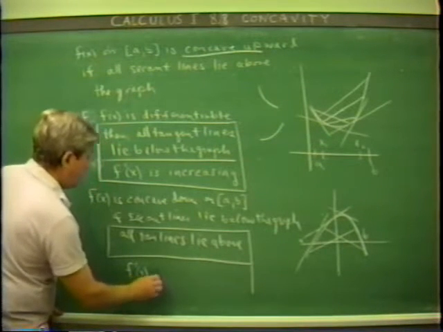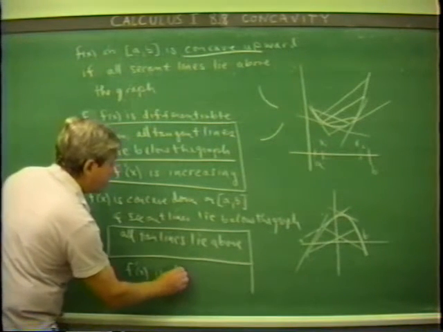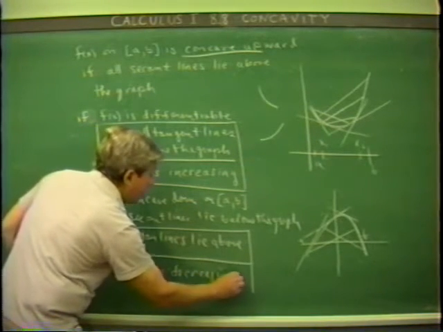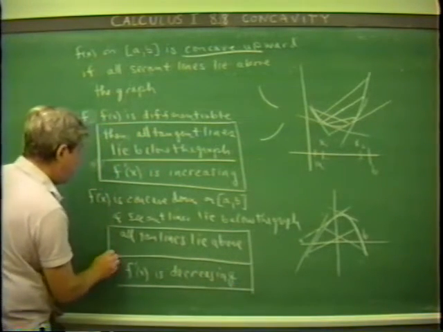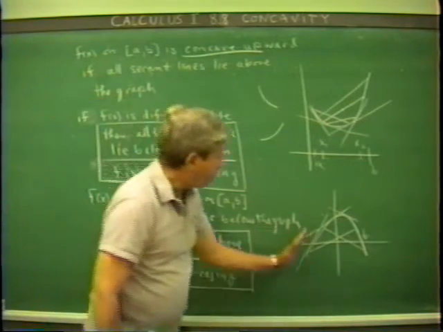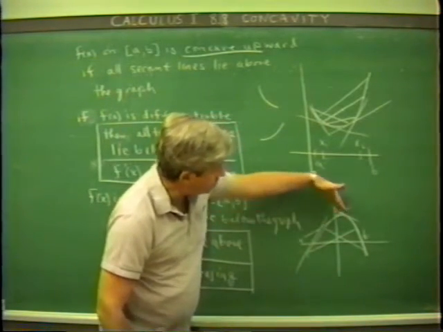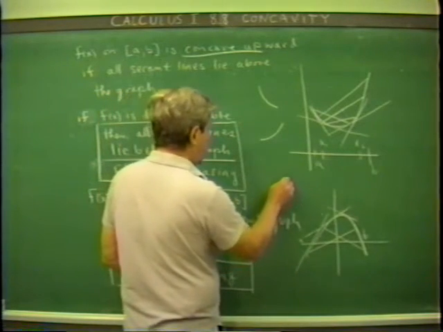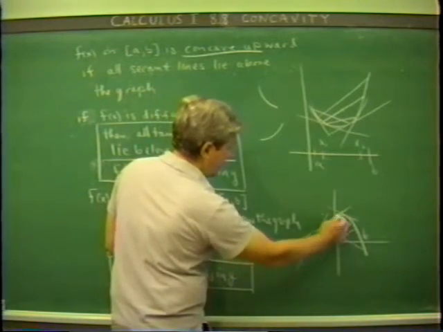And the derivative is decreasing. If it's differentiable, the derivative is going to be decreasing. The derivative starts out positive here, it gets less positive and becomes negative over here like so.